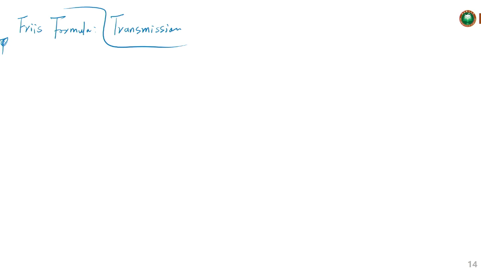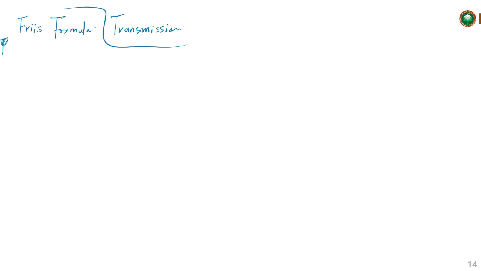Let's start on the derivation of the Friis transmission formula. The Friis transmission formula is usually a simple expression, because it is derived using MATLAB. It has a function for it, and here we just wanted to know how to derive it.